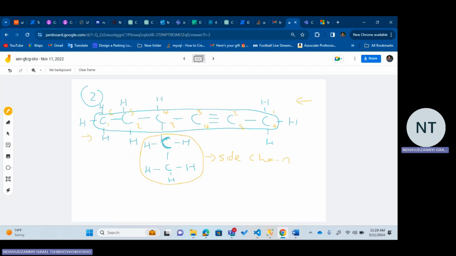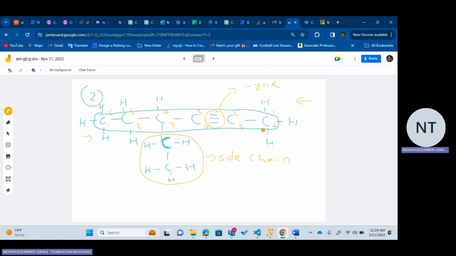Then let's go and choose our order of precedence, before we choose which order we are going to use in terms of numbering. And if you can check, we have a side chain and a different hydrocarbon, which is alkyne. So in terms of order of precedence, what do we choose?